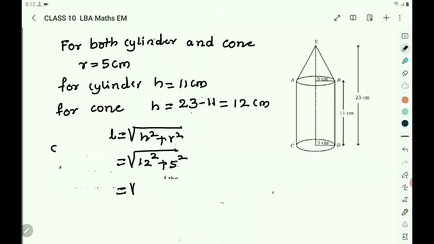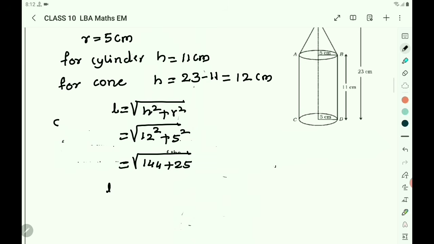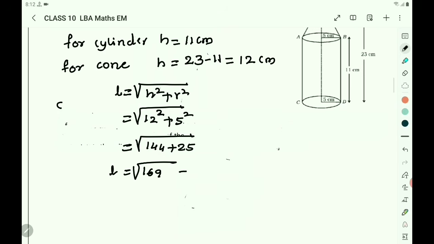So 12 square is 144 plus 5 square is 25. Then l equals root 144 plus 25 is 169. Root 169 is equals to what? 13 centimeter. You got l.